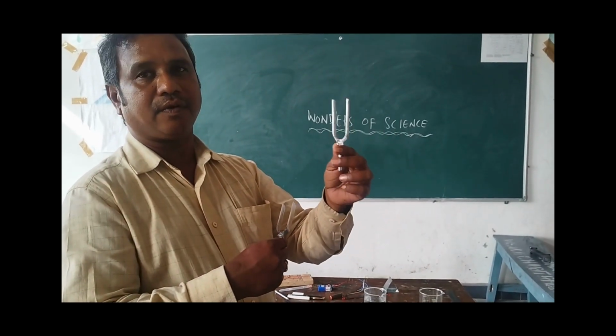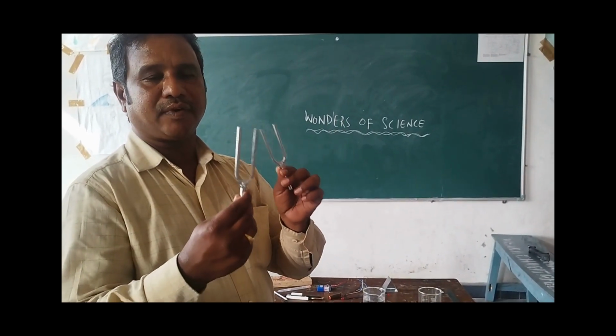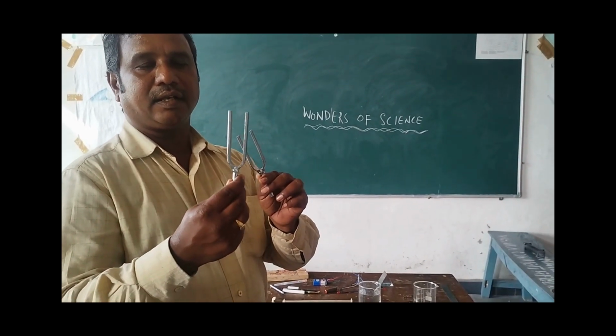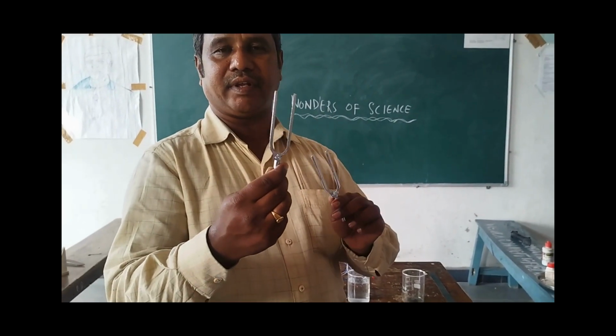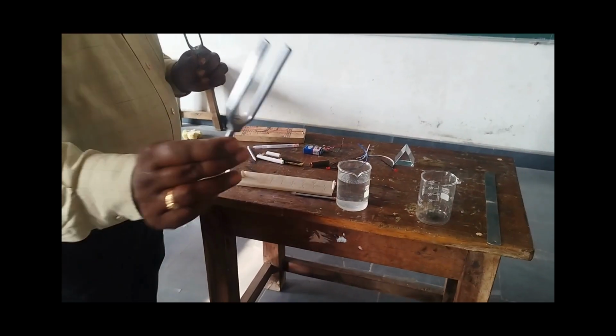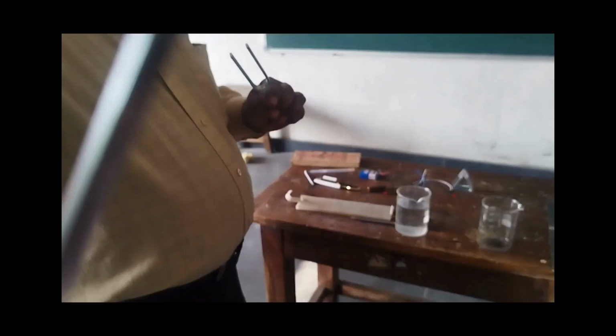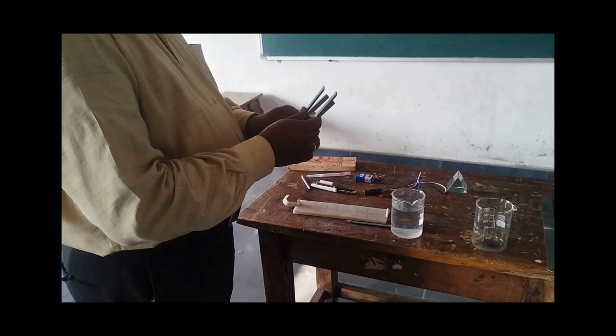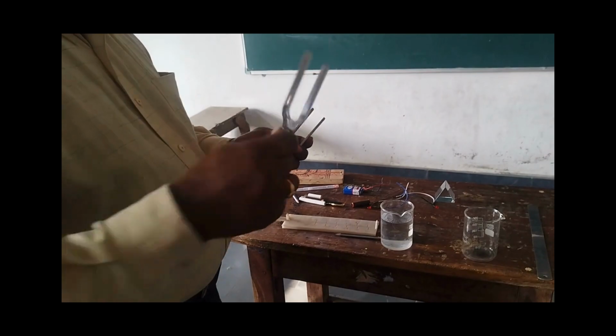It is 480 Hz, and moreover from this experiment we can know that the sound is different for objects of different frequencies. Suppose I apply force here, now we can listen to a different sound. 480 Hz, so we will get a different sound.